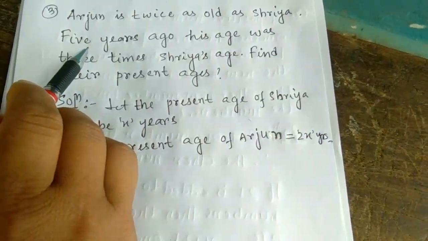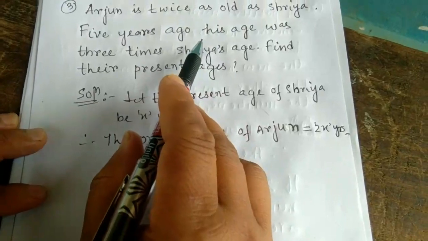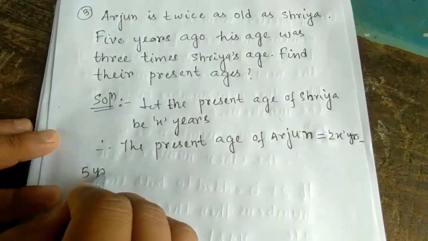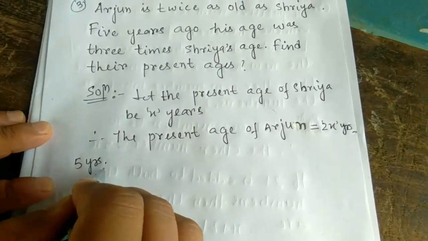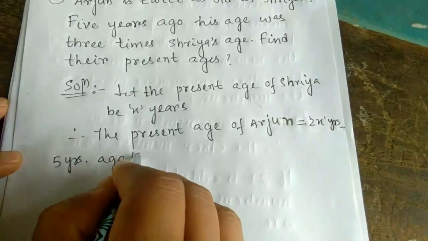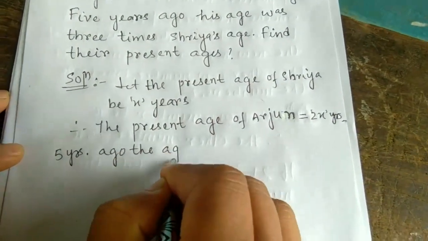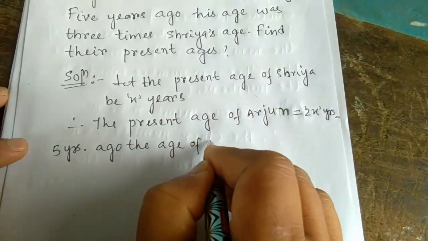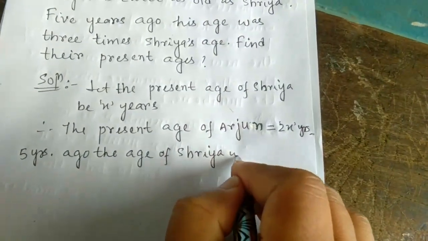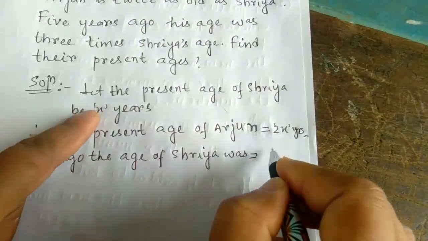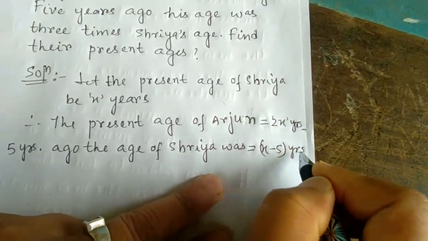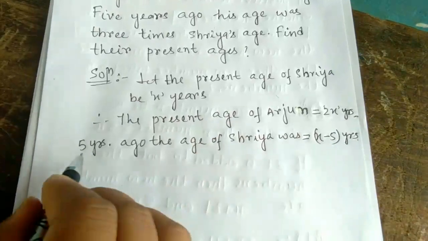After that, 5 years ago is given, so you have to find the age of both Arjun and Shriya 5 years ago. 5 years ago the age of Shriya was, present age is x, so x minus 5 years.